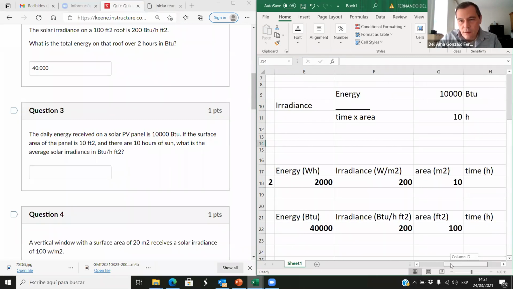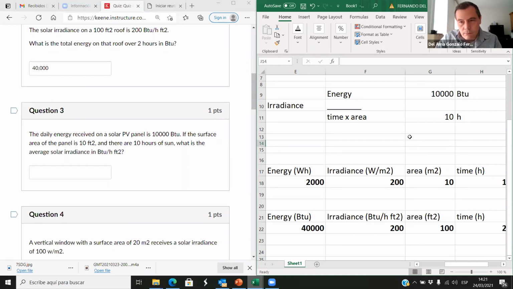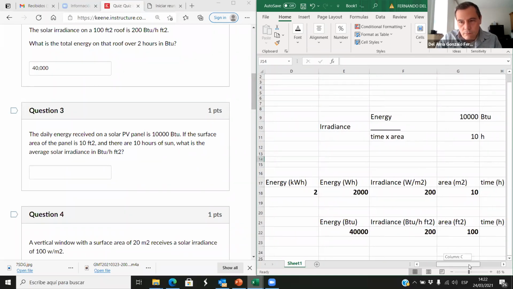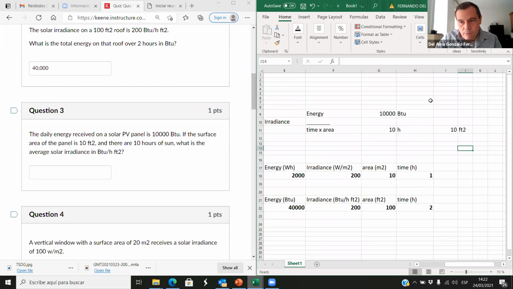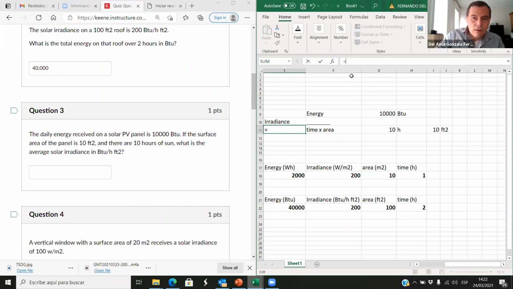So what is the irradiance? The irradiance will be the energy divided by the time, well, we can have a bracket here, times the area.